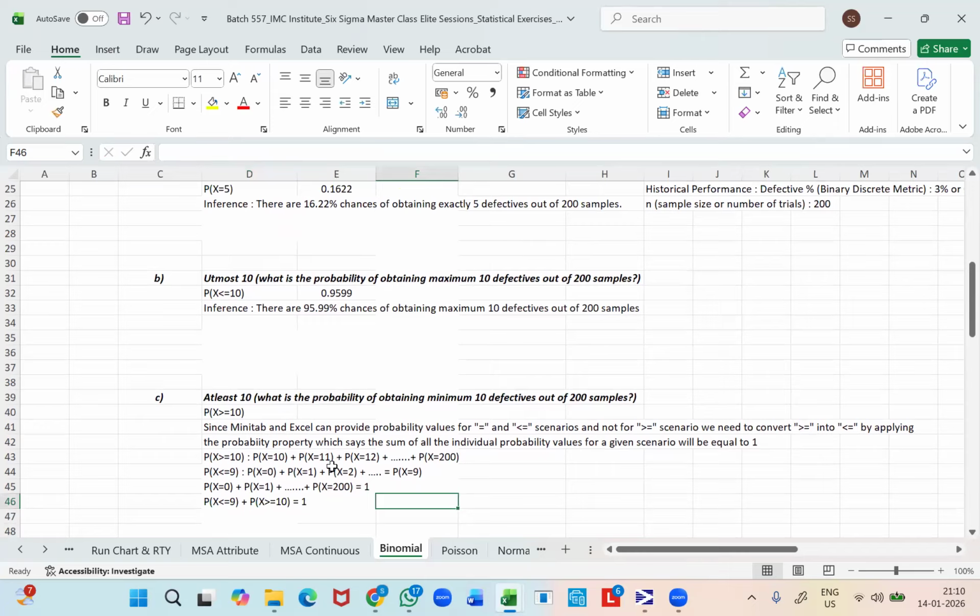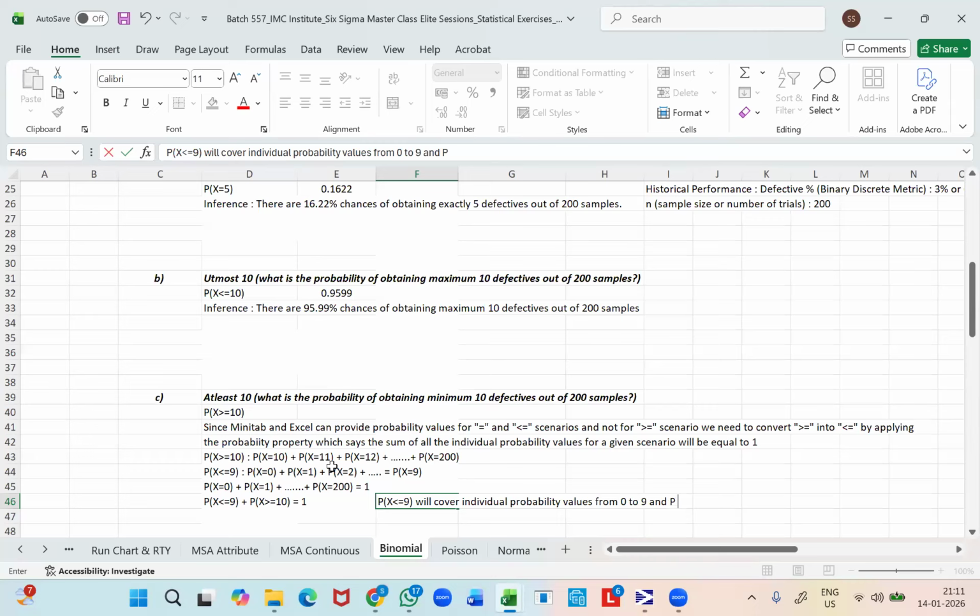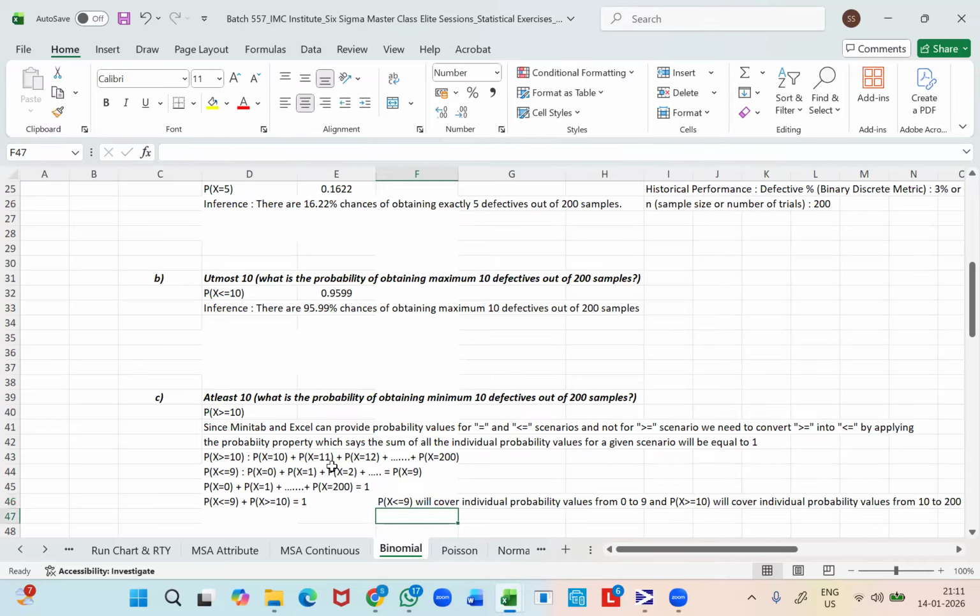So P of X less than or equal to 9 will cover individual probability values from 0 to 9, and P of X greater than or equal to 10 will cover individual probability values from 10 to 200, right? So both the components put together, the sum will be equal to 1.